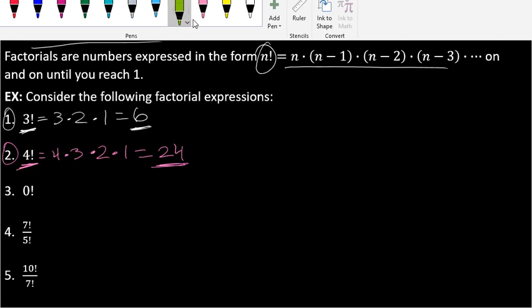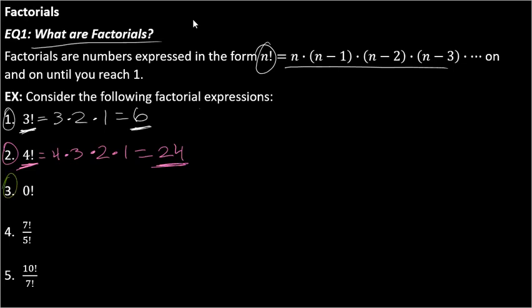Next example, and this one's going to be hard to wrap your head around, okay? And I'm going to leave you to do some research on your own as extra credit. So if you want to email this to me or Miss Roundtree, why is 0 factorial always equal to simply 1? So 0 factorial equals 1.